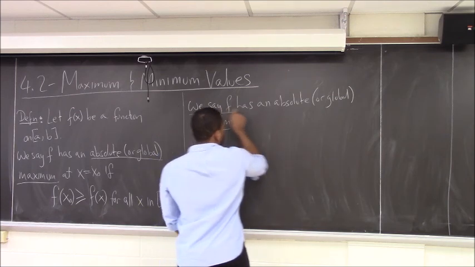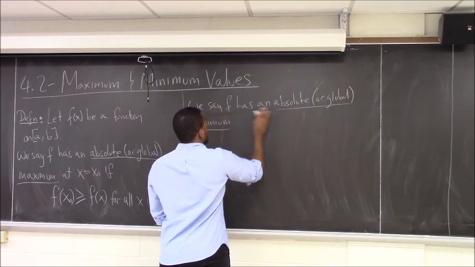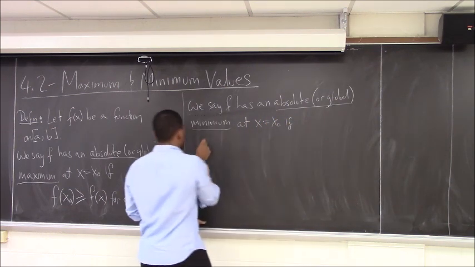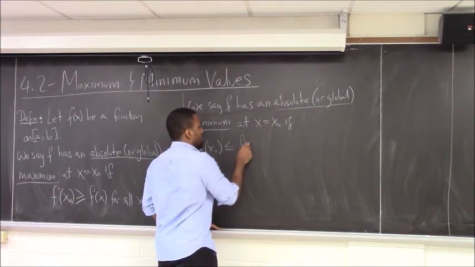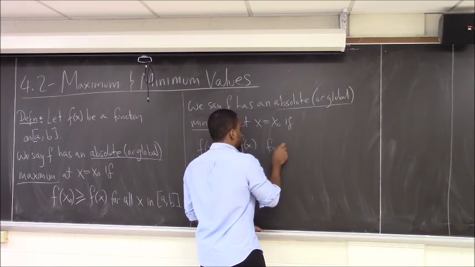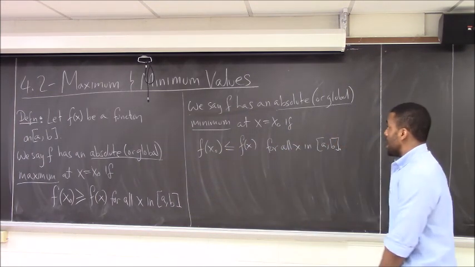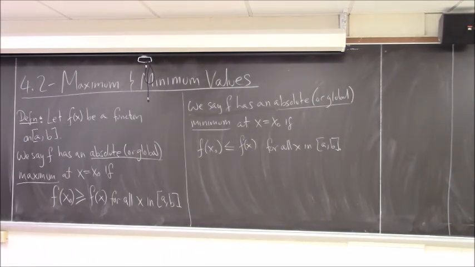I'll illustrate with some pictures pretty soon. So if its y value is less than or equal to all other y values, then it's called an absolute minimum. So I have two similar definitions to tell you, and then I'll illustrate the difference between them.